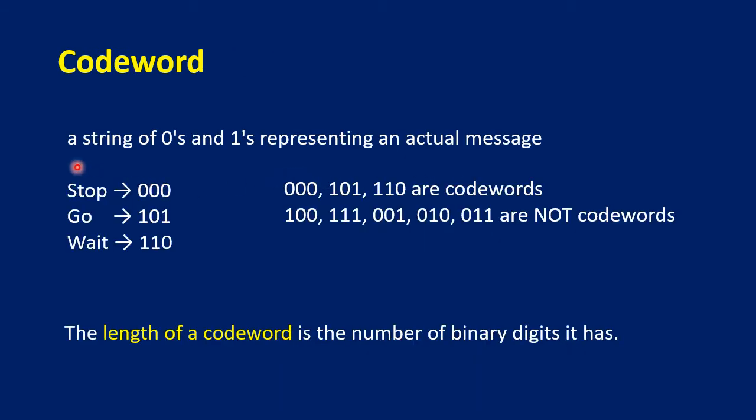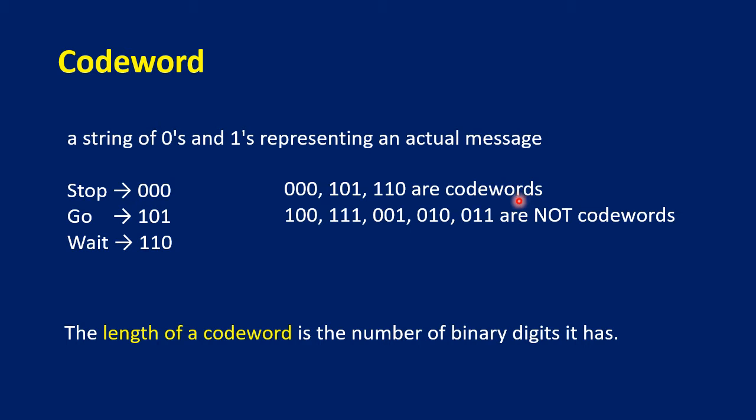What is a code word? A code word is a string of zeros and ones which represents an actual message. For example, stop is encoded as 00, go as 101, wait as 110. Now these three terms are your code words.